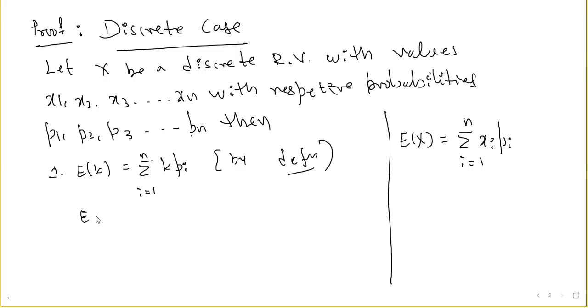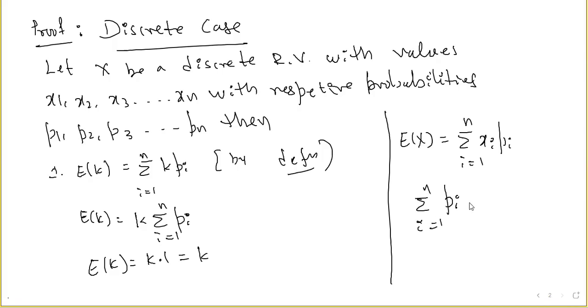So now, for expected value of k, I will take k outside because it is independent of the variable. So it will be k into summation i running from 1 to n pi. So this will be expected value of k equal to k into 1, that is k. Then why is summation i running from 1 to n pi equal to 1?